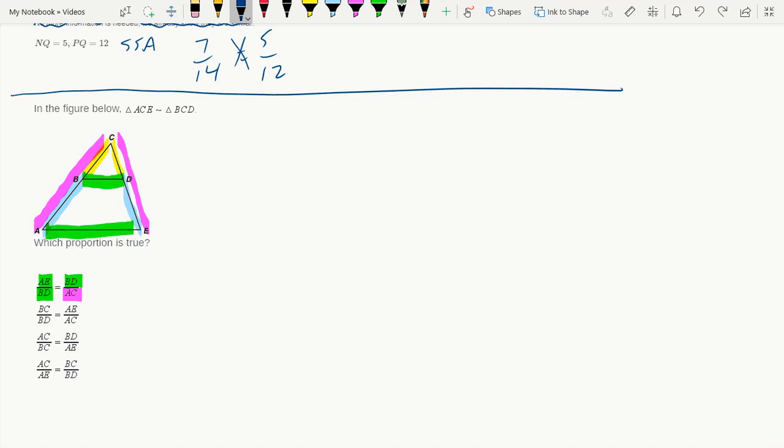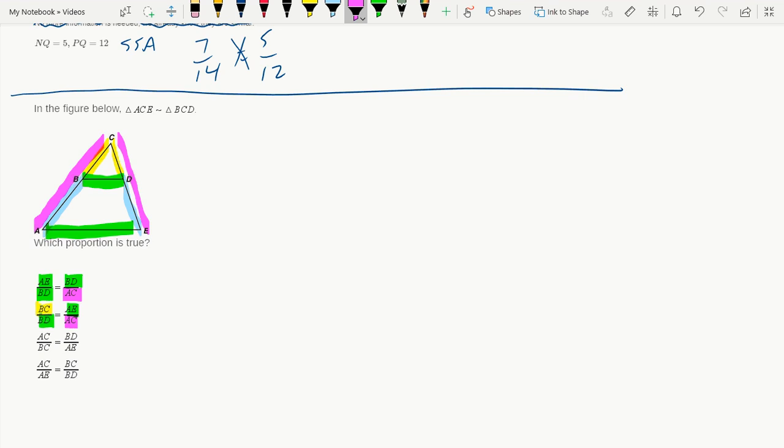Those are not corresponding and they're not matching up in the right order. Okay, so now BC is yellow. So we're going to have BC is to BD as AE is to AC. I don't know, guys, that doesn't match up for me.